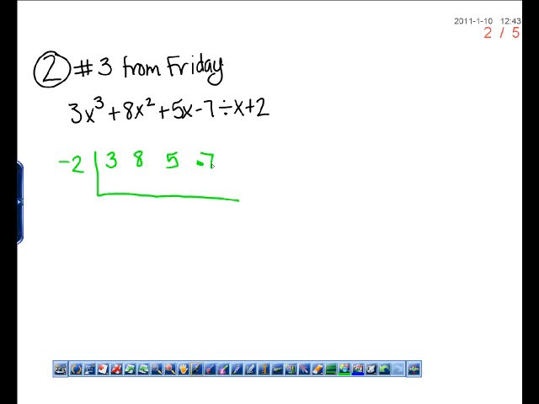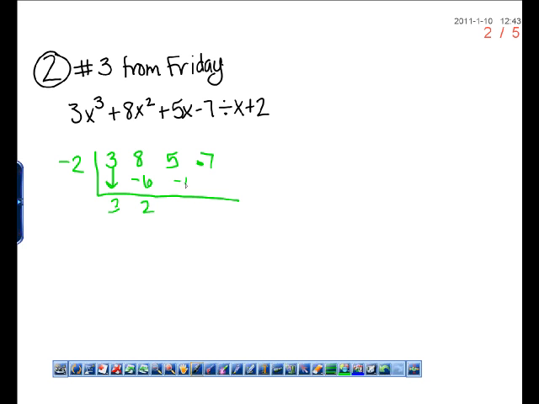Bring down, so bring down our 3. I'm going to write down the 3. Then what do I do? Multiply. 3 times negative 2? Negative 6. 8 minus 6? 2. 2 times negative 2?